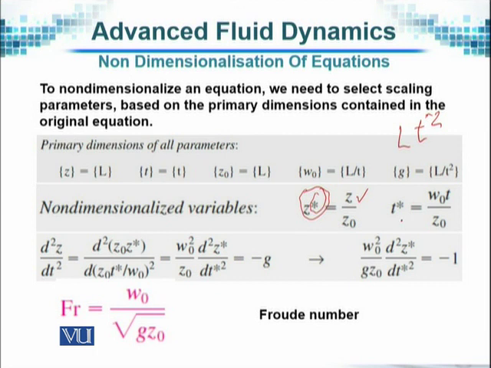The same thing for time, and the same position will be there for other variables also. You can note here that for t we have multiplied with the velocity, and the velocity will have dimensions of length over time. So that is also included there.